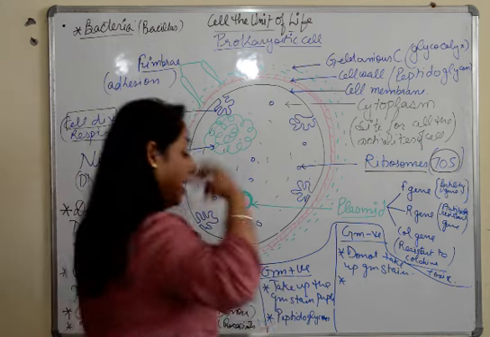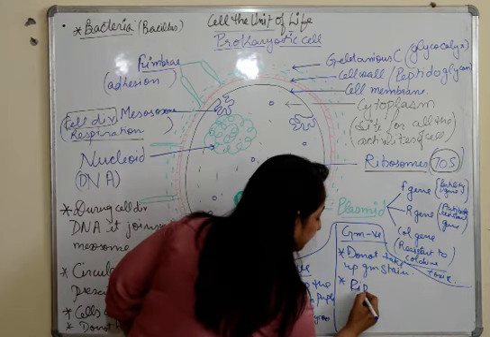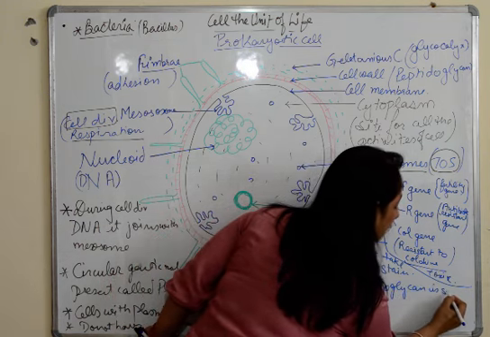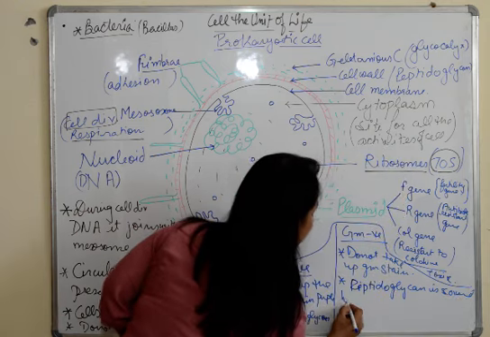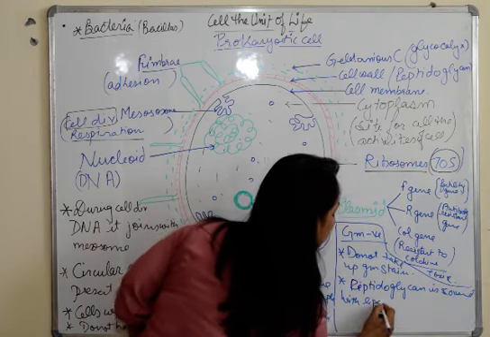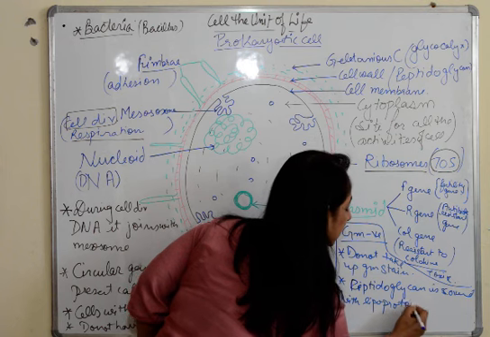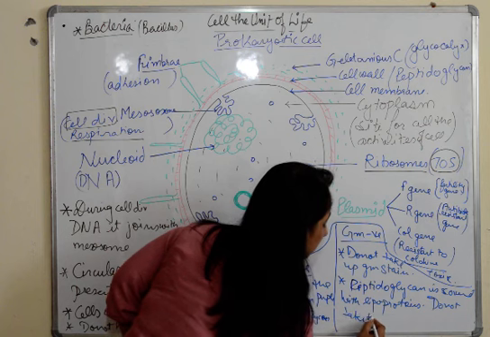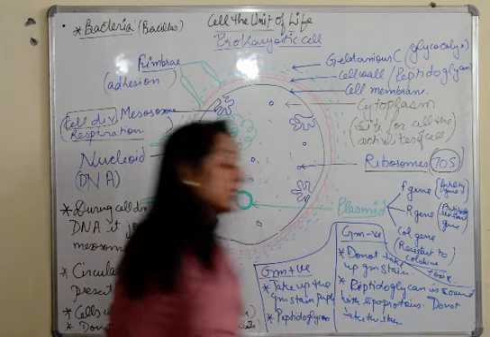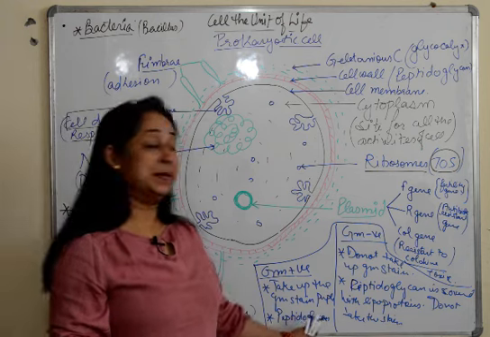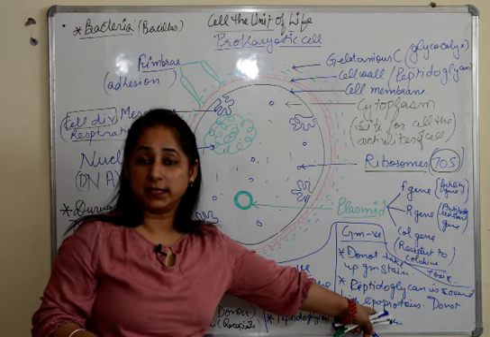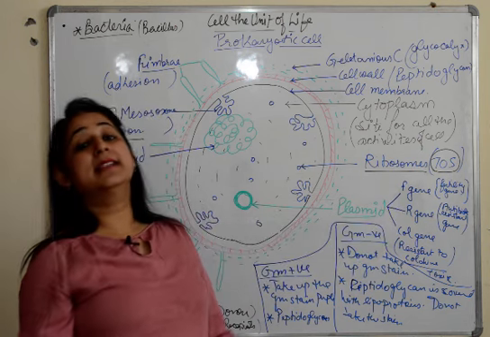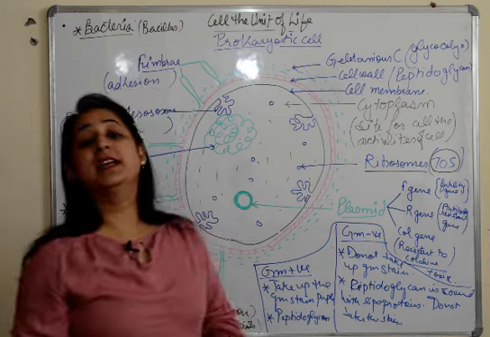But if peptidoglycan is surrounded or covered with lipoproteins, they do not take the stain because this gram stain is only capable of staining peptidoglycan. It does not stain lipoproteins. So the bacteria which have lipoprotein outside the cell wall do not take up the gram stain.